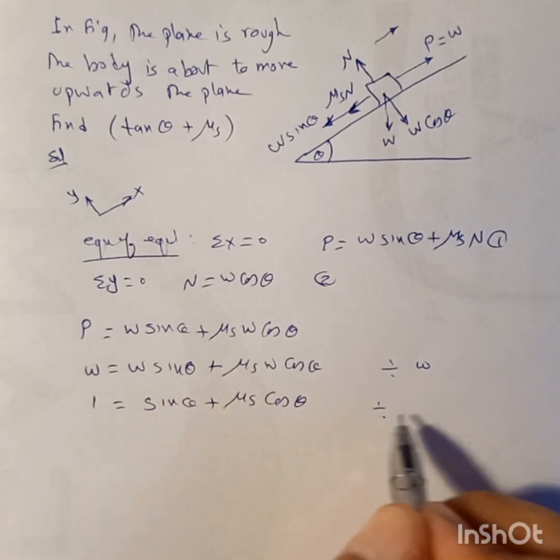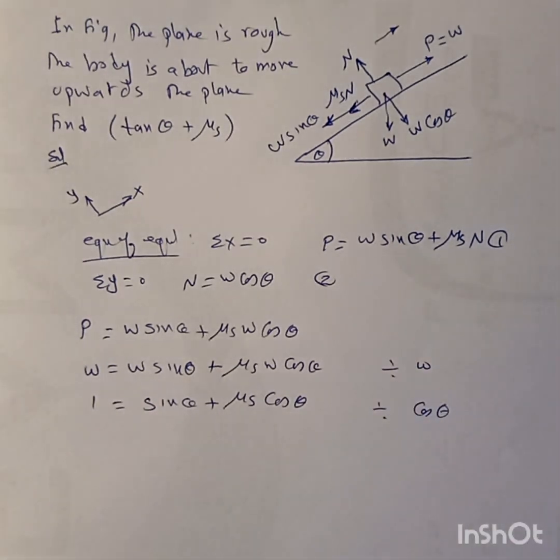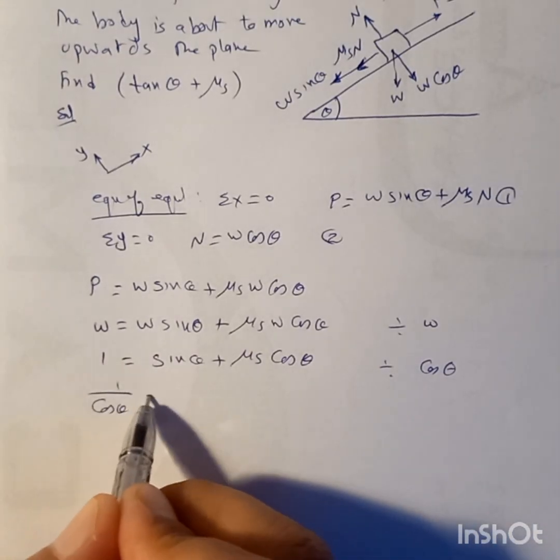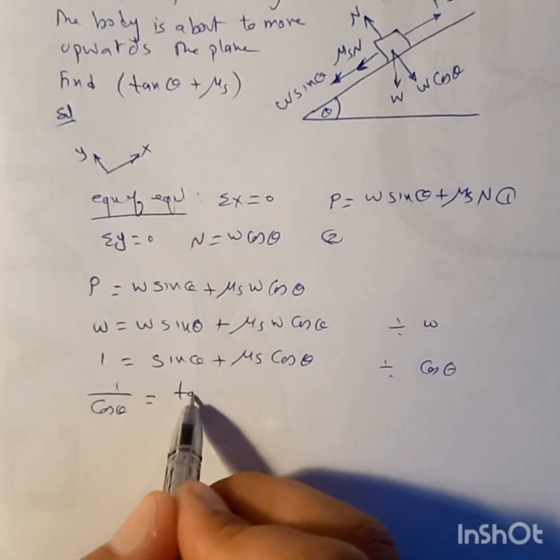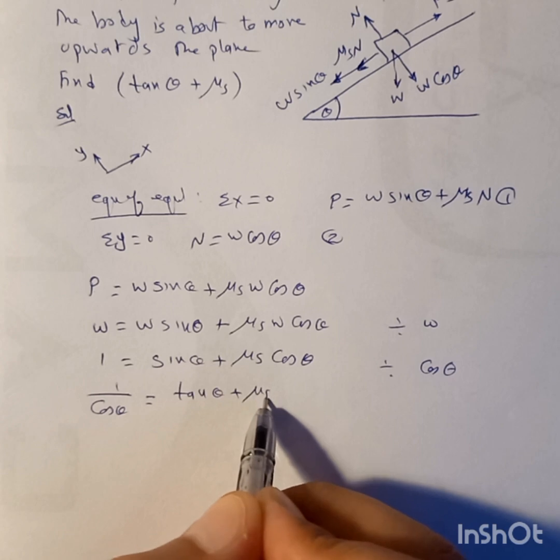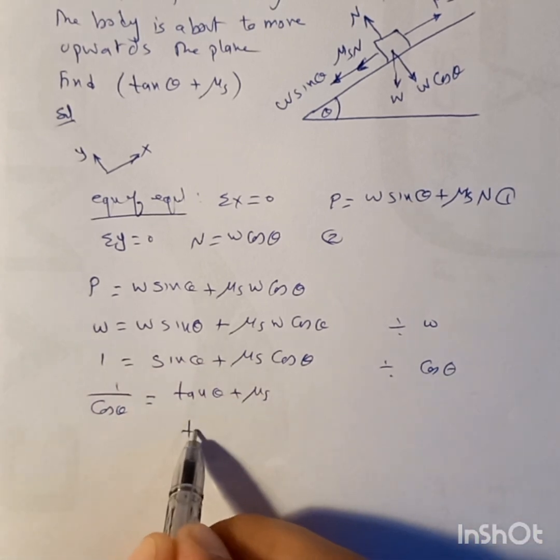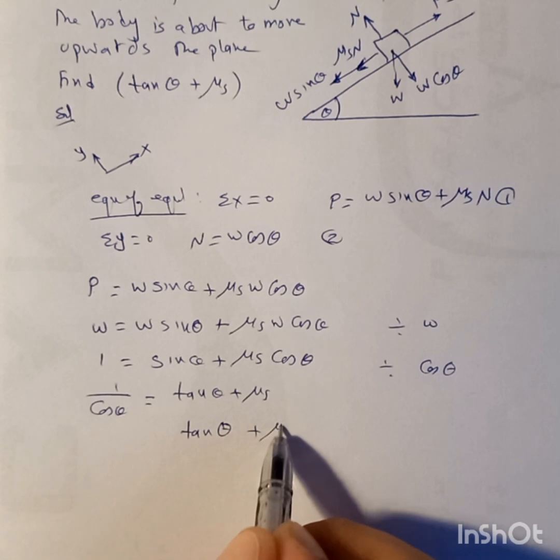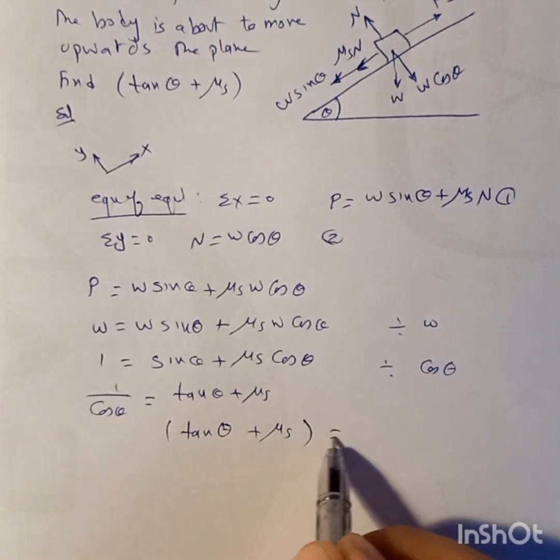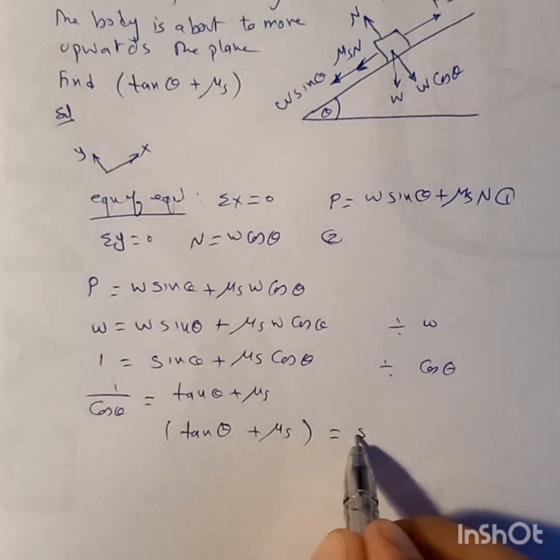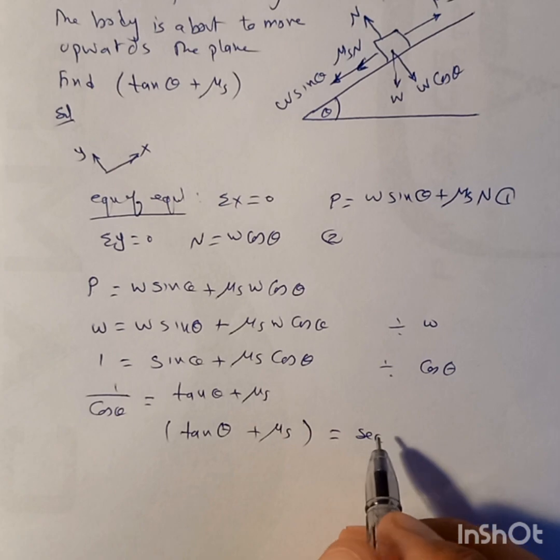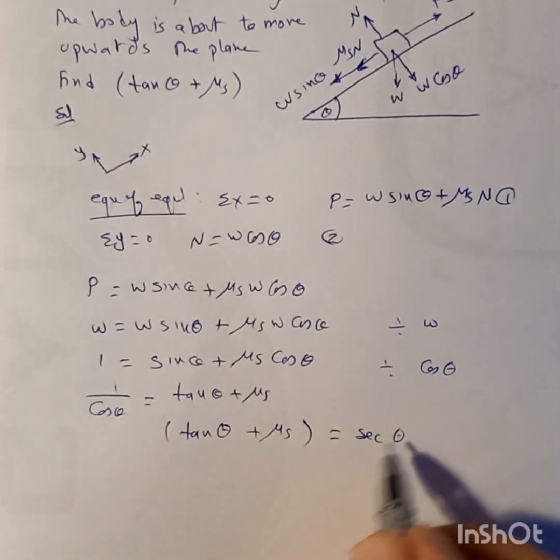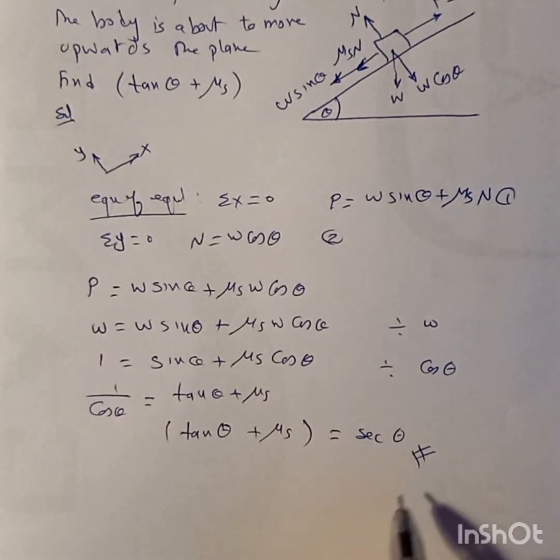We divide by cosine theta. Then we have 1 over cosine theta equals tan theta plus mu s. It's required to find the value of the magnitude tan theta plus mu s. This equals sec theta, which is 1 over cosine theta, and this is what is required to find.